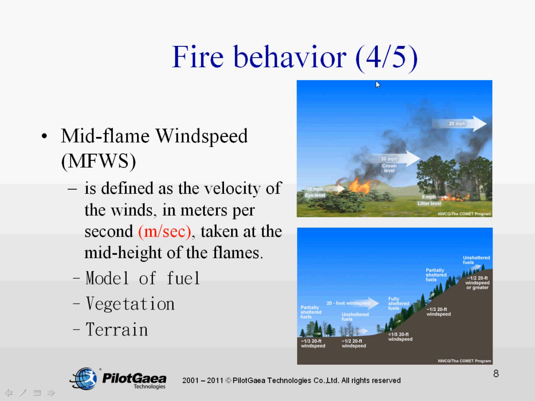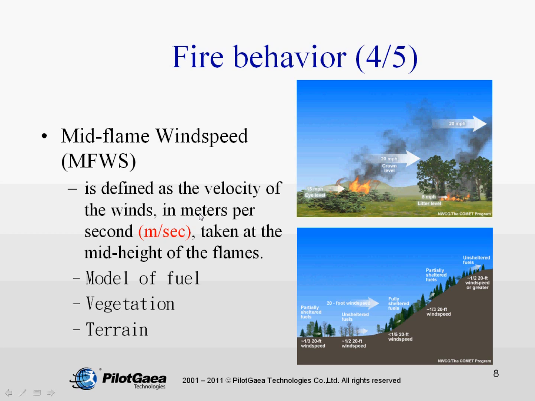This and these are not mid-flame winds. It is defined as the velocity of the wind in meters per second, taken at the mid-height of the flames.